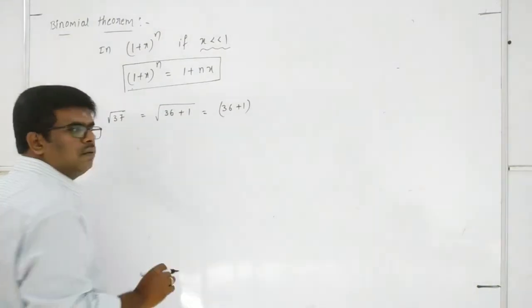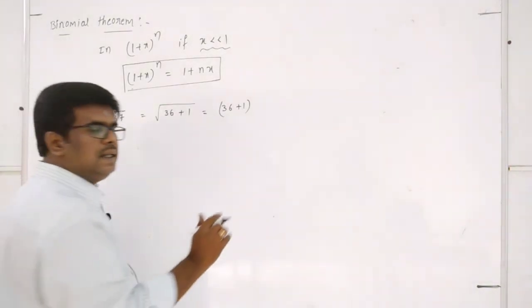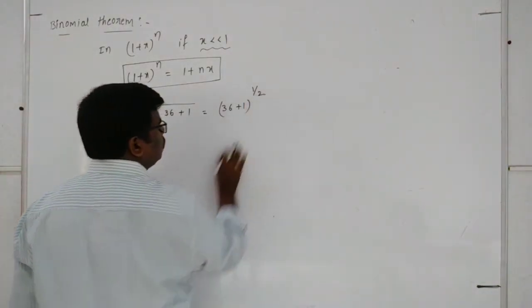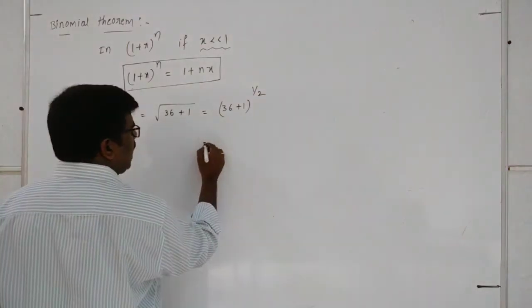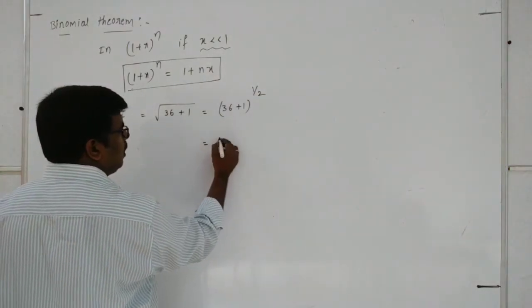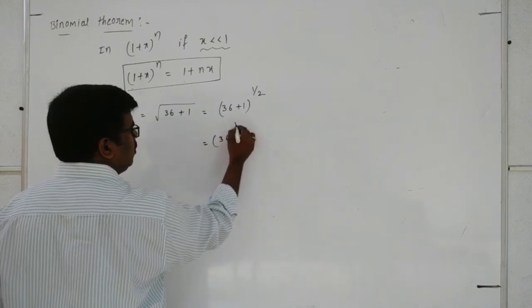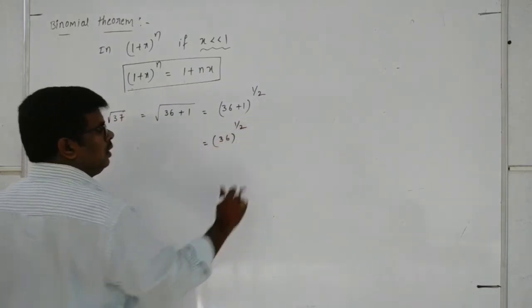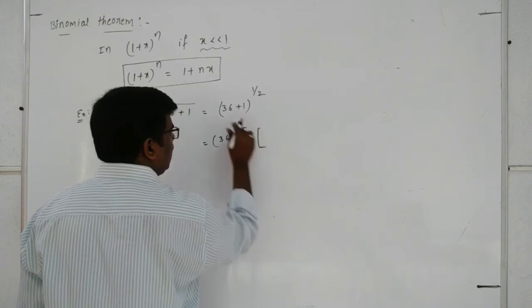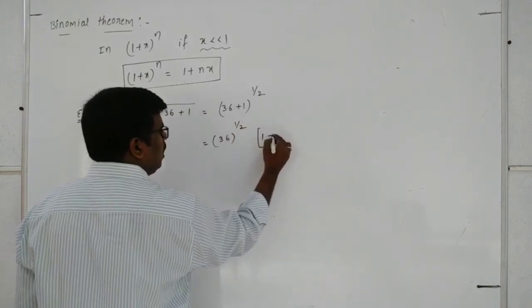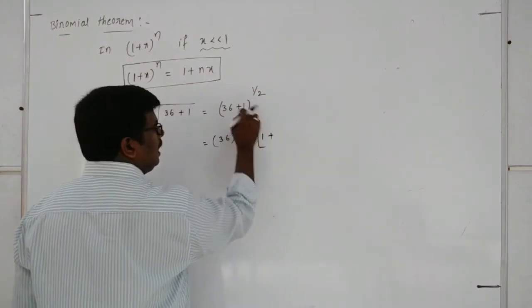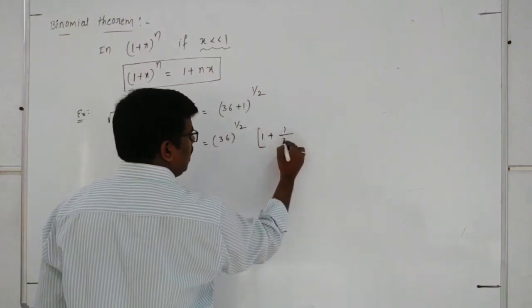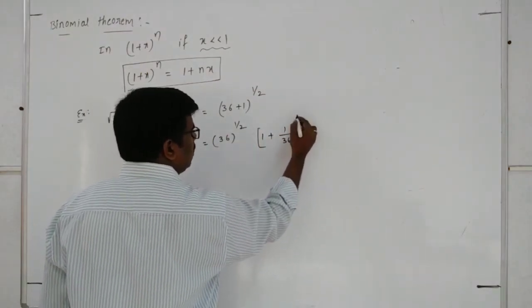Square root means power 1 by 2. Now if I take 36 common, 36 power 1 by 2 comes out, and inside the bracket we have 1 plus 1 by 36, whole power 1 by 2.